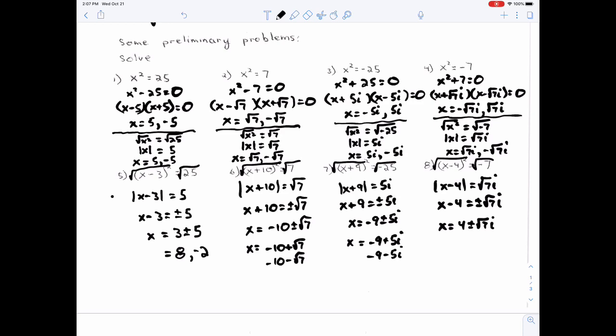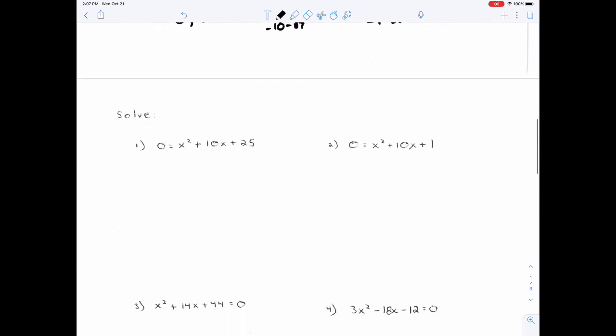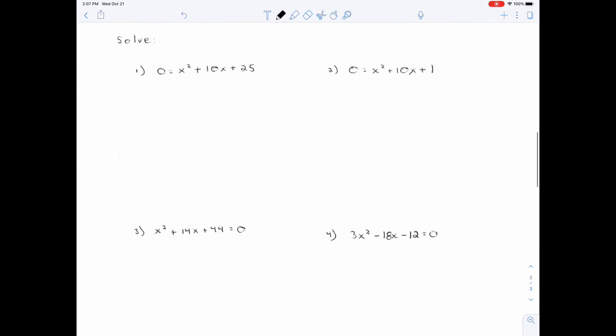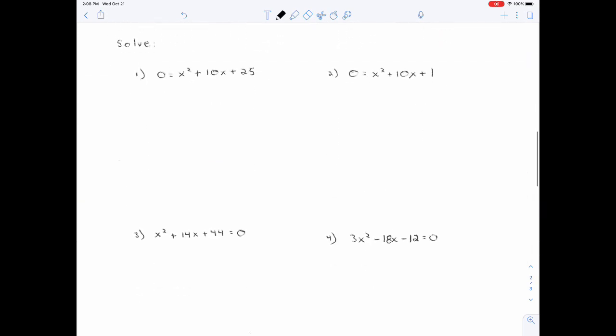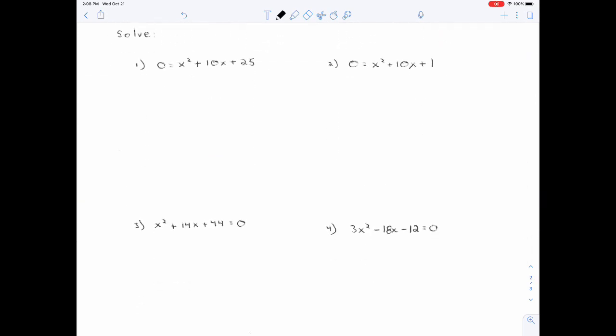All right. So what does this have to do with anything that we're doing today? Okay. Let's take a look at this. What we're doing is solving. All right. So this is all kind of background. What do you do? You make sure one side is 0. Okay, I've got that. And you factor.